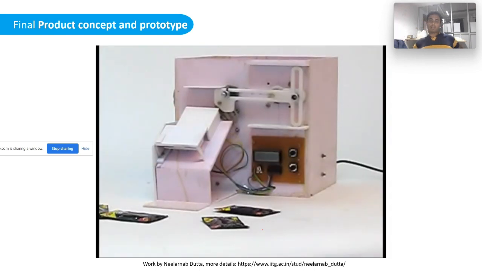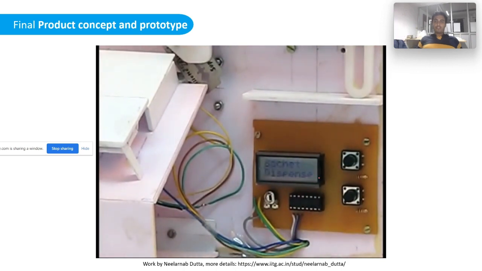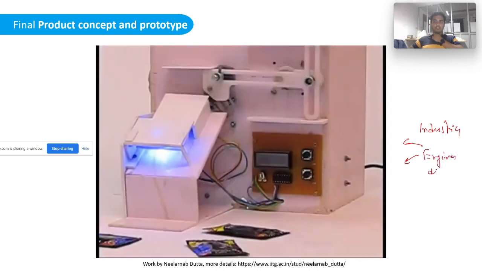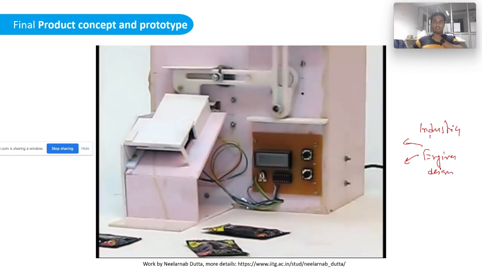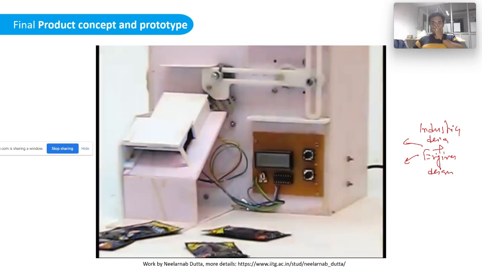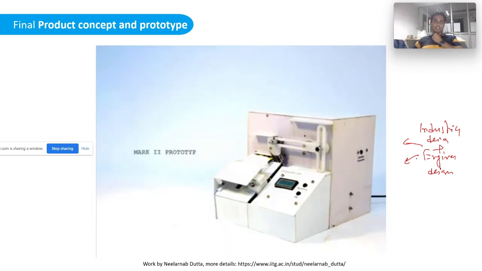This was the Mark 1 version. This was a low fidelity prototype, and I did the engineering mechanism, both the industrial design part as well as the engineering design part. The initial prototype could cut one sachet at a time.